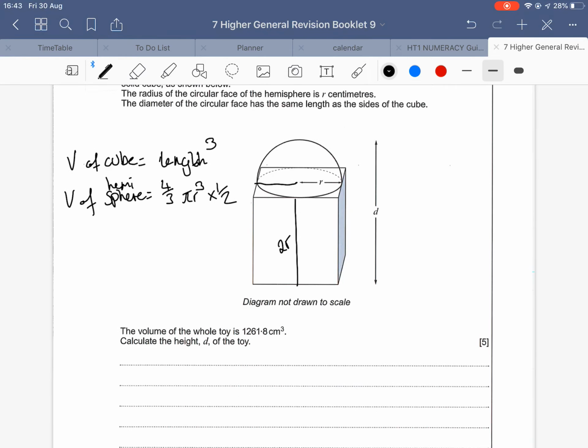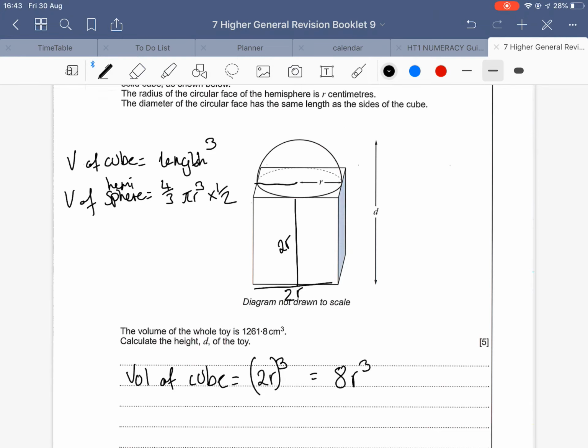Right, so let's do the volume of our cube first. Like I've drawn on the shape, the length is 2r. So all these lengths here are 2r. So the volume is going to be 2r cubed. Don't forget to cube your 2 here. So 2 cubed is 8.